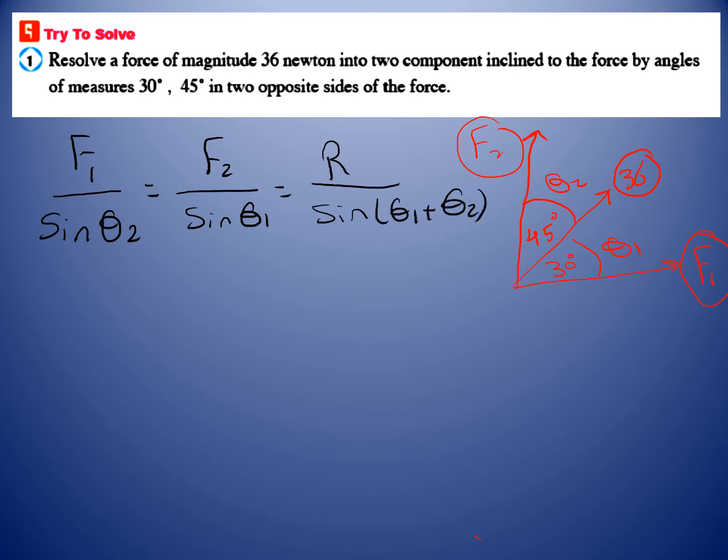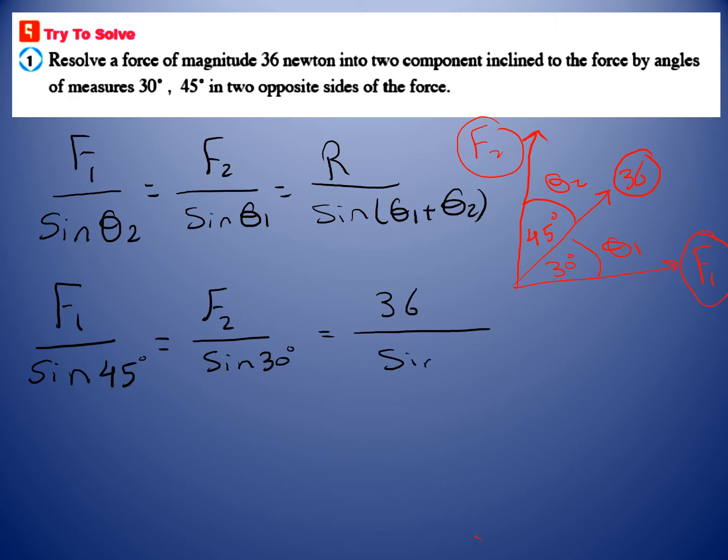By substitution, F1 unknown over sine 45 equals F2 over sine 30 equals R, 36, over sine 75 degrees.